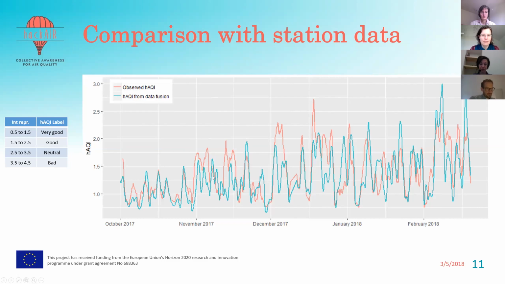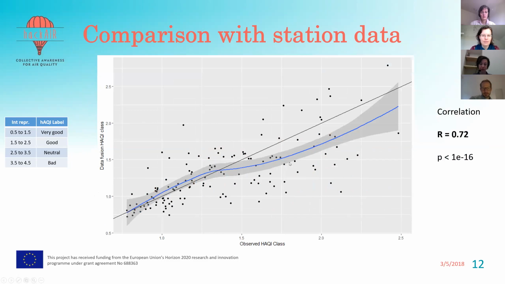But overall, the correspondence is relatively good, and we can also see that here in a scatter plot, where on this axis we show the observed class of the hackAIR quality index, and on this axis the predicted, the data fusion class, and we see that overall we have a good correlation with a correlation coefficient of 0.72.